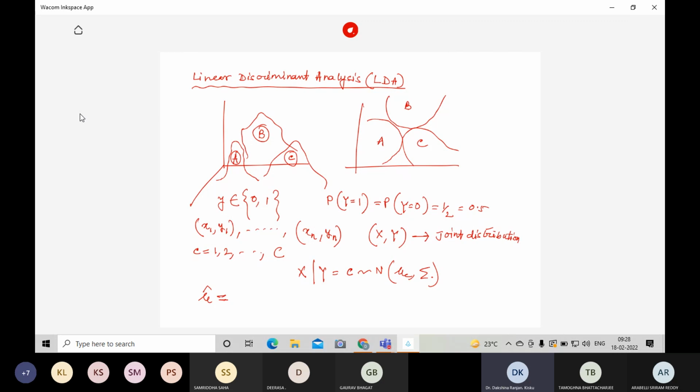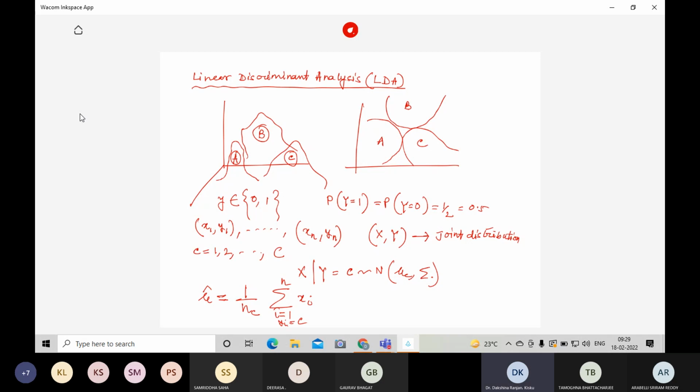We get mu as 1 upon n_c times the summation over i equals 1 to n of x_i, where y_i equals small c. Here n_c is the number of training examples in a particular class c, and n is the total number of data points.